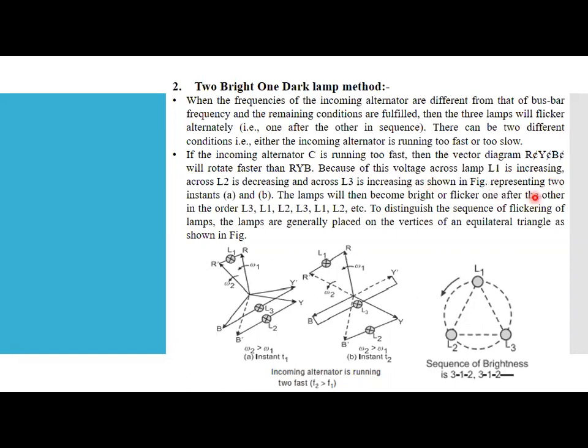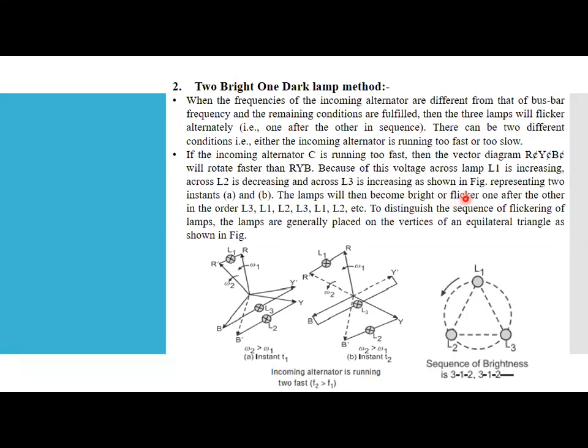So you can see here figure A and B. This figure represents two instants, A and B. The lamps will then become brighter or flicker one after the other.